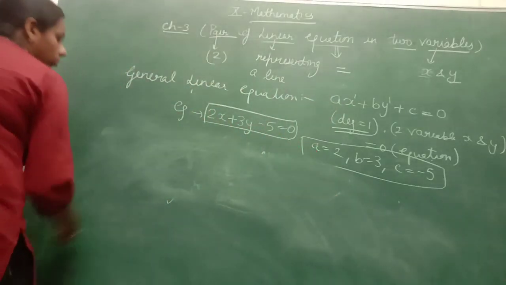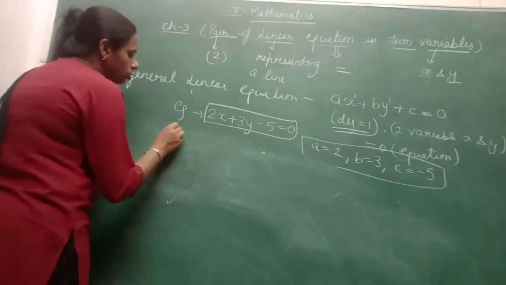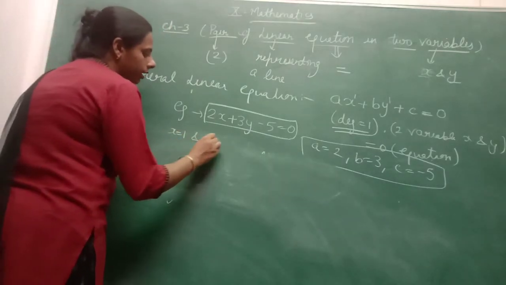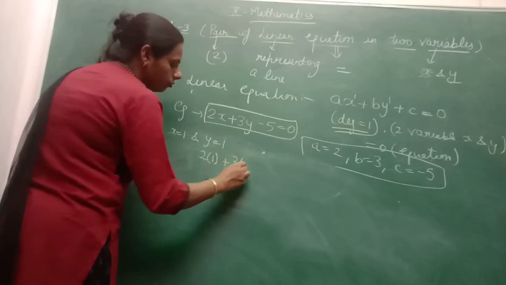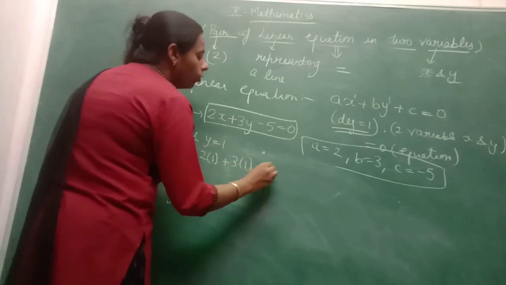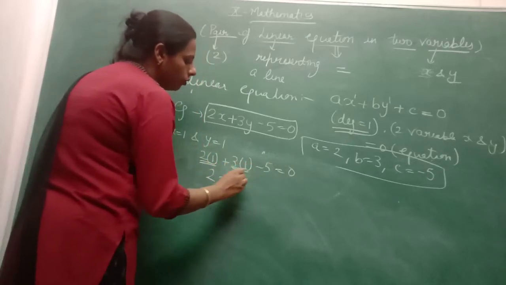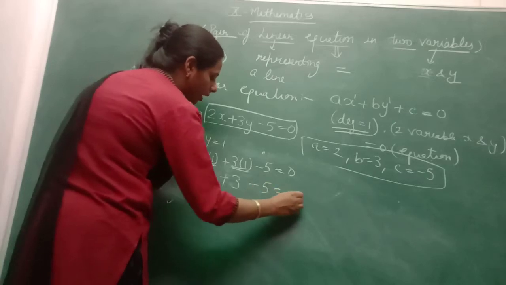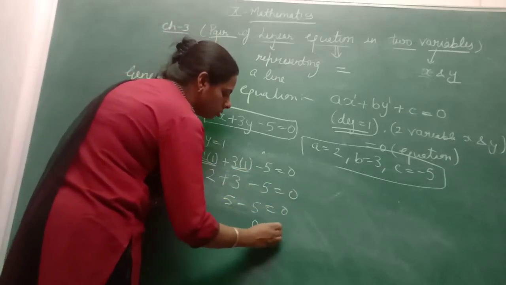If I am talking about the solution of this, or we can say a point of this line, you can put any values of x and y here. Suppose I put x is 1 and y is 1. So you will observe that 2 into 1 is 2, 3 into 1 is 3, minus 5. 5 minus 5 is 0, so 0 is equal to 0.